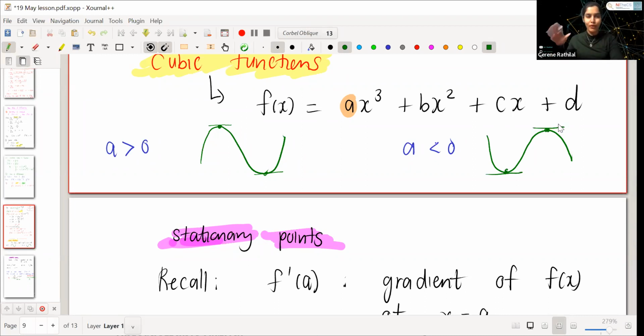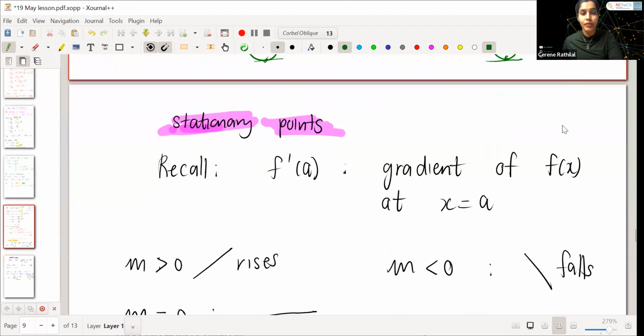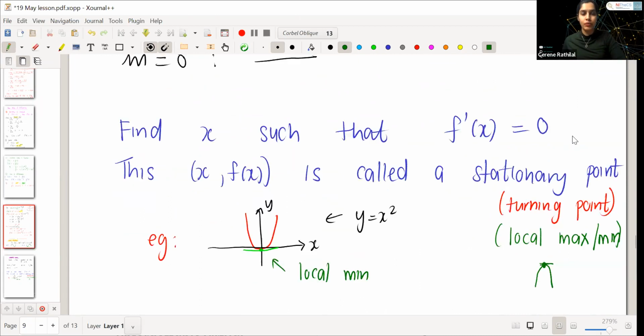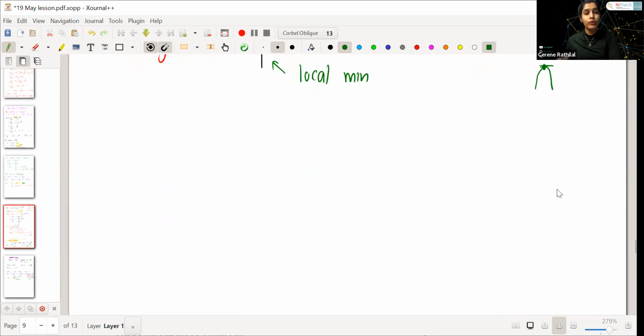Okay, and so we've got that happening. So that's one of the things that we would like to do. So with stationary points we are analyzing when is the gradient of the tangent line to that function equal to 0, meaning when is that line horizontal? When is it flat? When is no change occurring? That's what's happening, right?